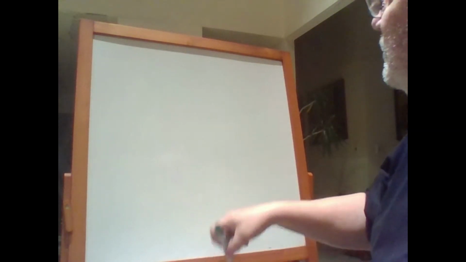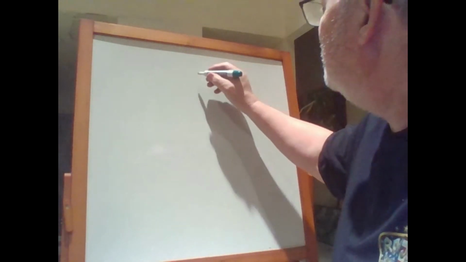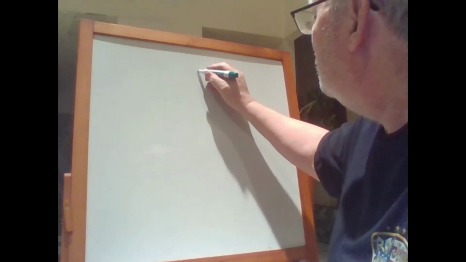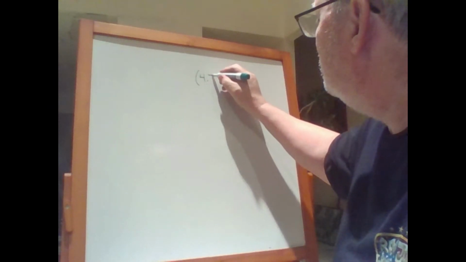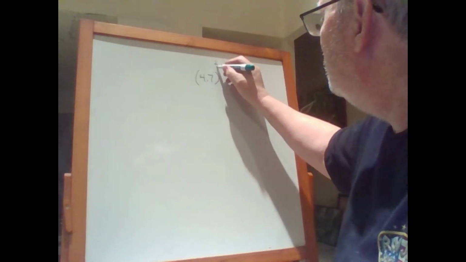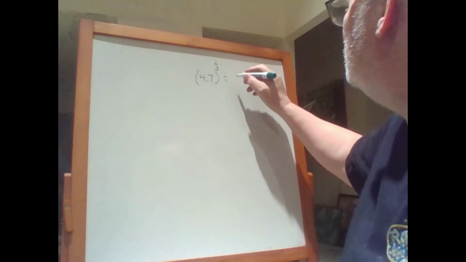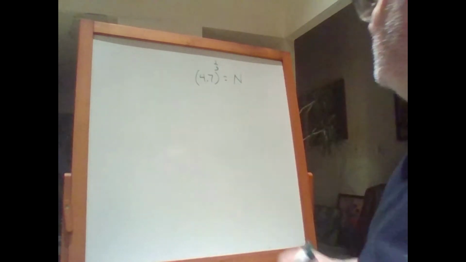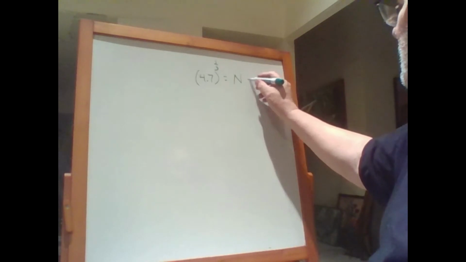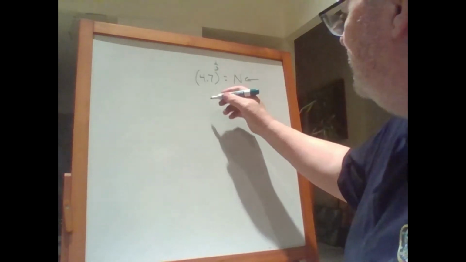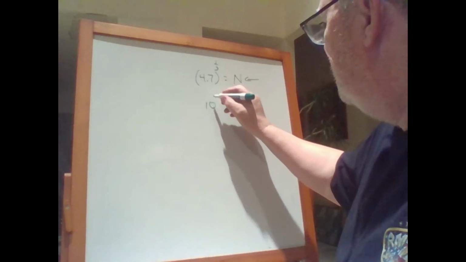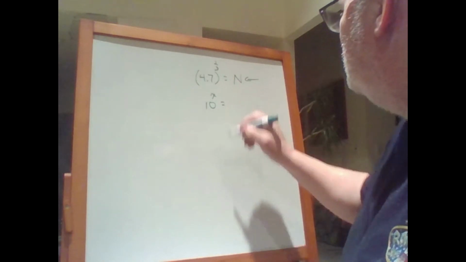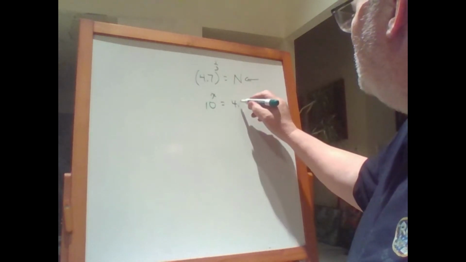Okay, now we've been given an interesting problem where 4.7 raised to the 1/3 is equal to n, and we're to find n under the condition where 10 to the x equals 4.7.